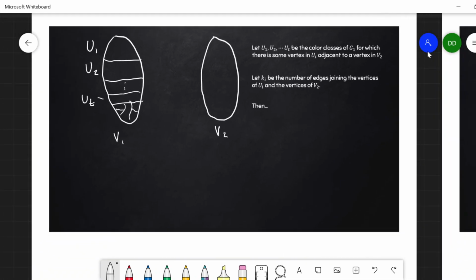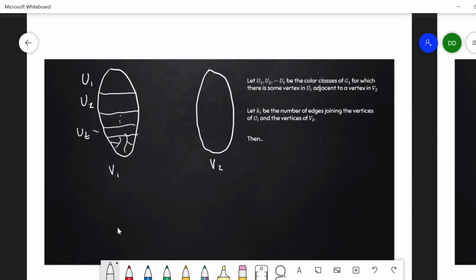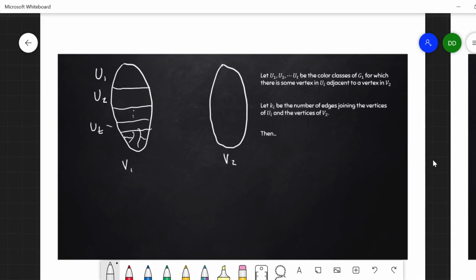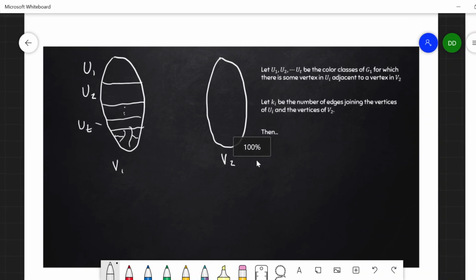So how does this work? How can we do this? Well, we look at the color classes of G1. In that k minus 1 coloring of G1, I'm going to call these U1 through Ut. These U1 through Ut are just the color classes for which there's some vertex in Ui adjacent to a vertex in V2.